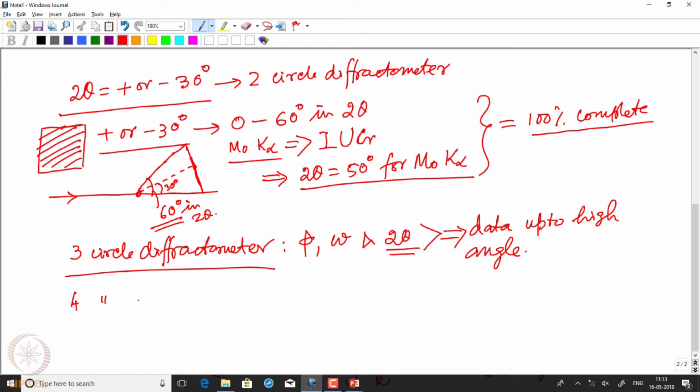The 4-circle diffractometer is the latest introduction where you can change all 4: phi, omega, 2 theta and also kappa, allowing you a reduction in the data collection time.